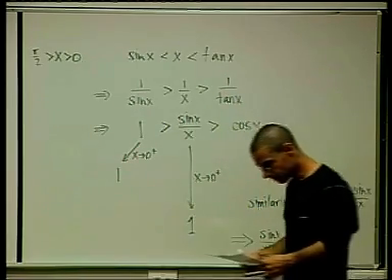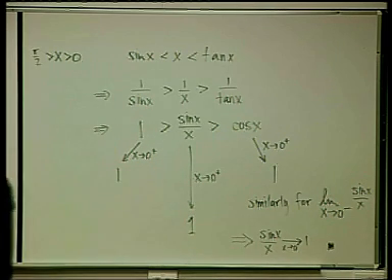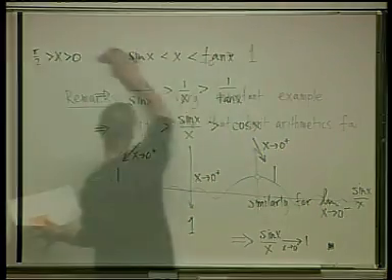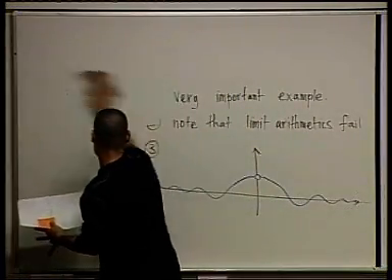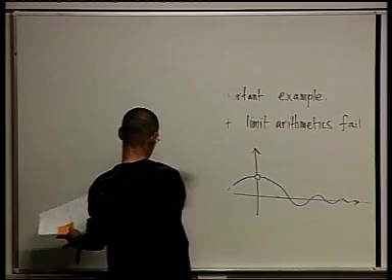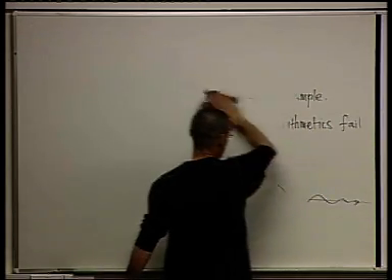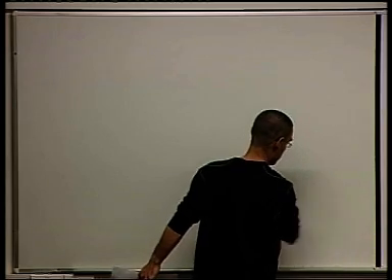Okay? Okay. I want to mention very quickly one more theorem regarding one-sided limits. I'm not going to prove it, but we are going to use it. Proving this is more challenging.